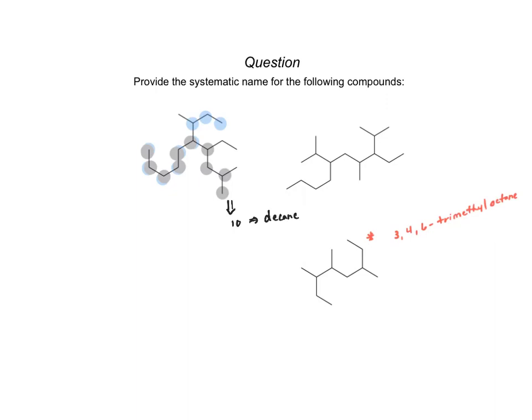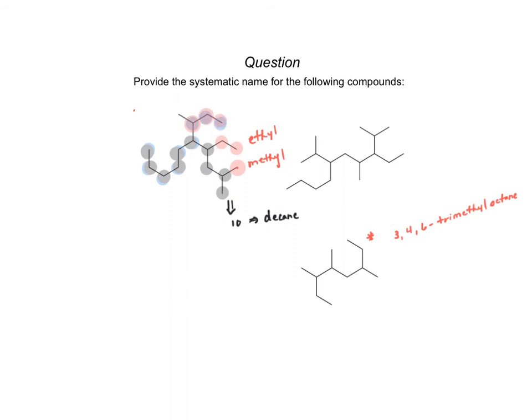So that's number 1. Number 2, we need to identify our substituents. So we've got a methyl group branching off. So we have a 1 carbon chain here. There's a methyl. We've got a 2 carbon chain here. This guy's an ethyl. And then for the first time, as we come up here, we've got a complex substituent.